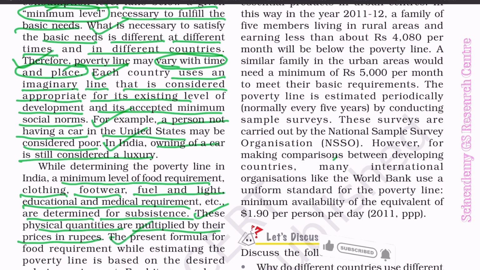The present formula for food requirement while estimating the poverty line is based on the desired calorie requirement. Food items such as cereals, pulses, vegetables, milk, oil, sugar, etc. together provide these needed calories.